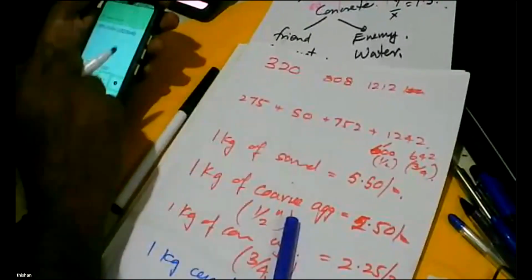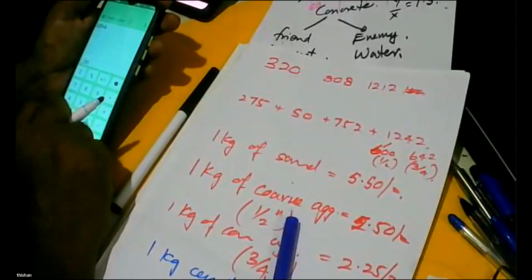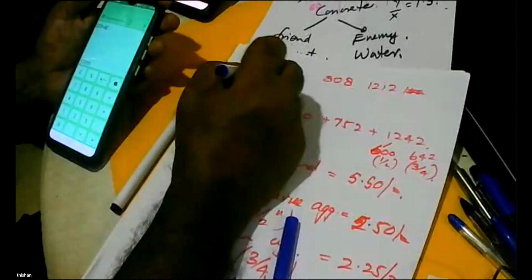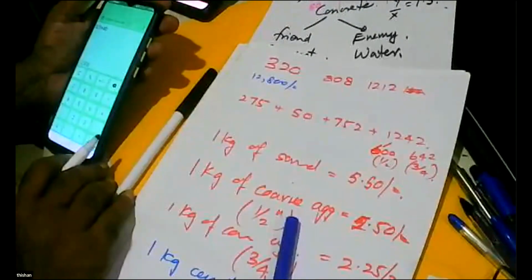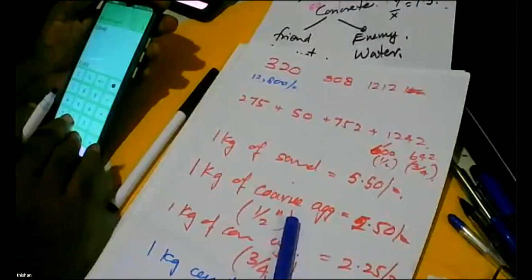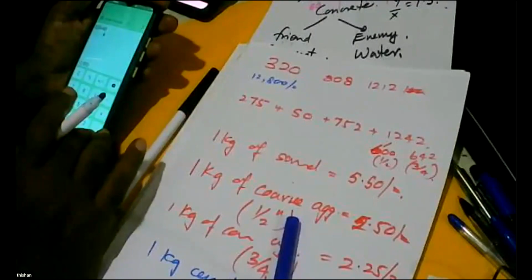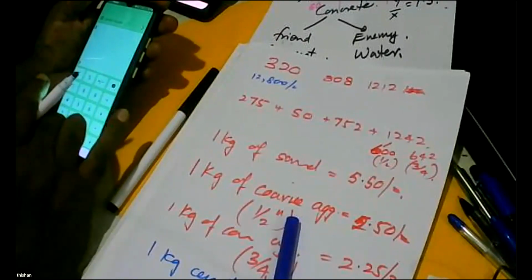So 320 multiplied by 40 is 12,800. Now you can see why concrete is so expensive these days, supplied to the yard or to the site.